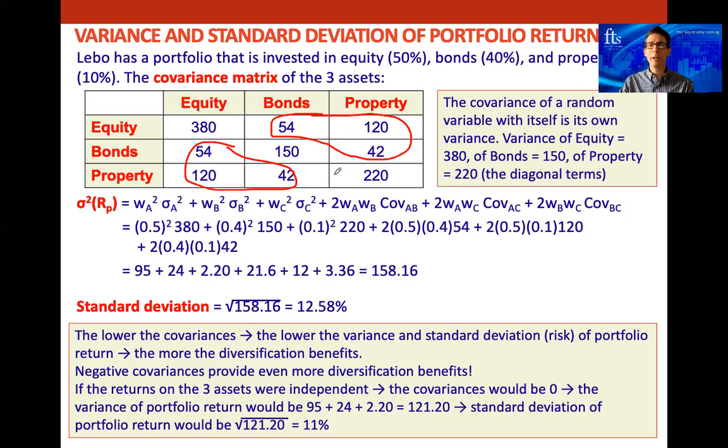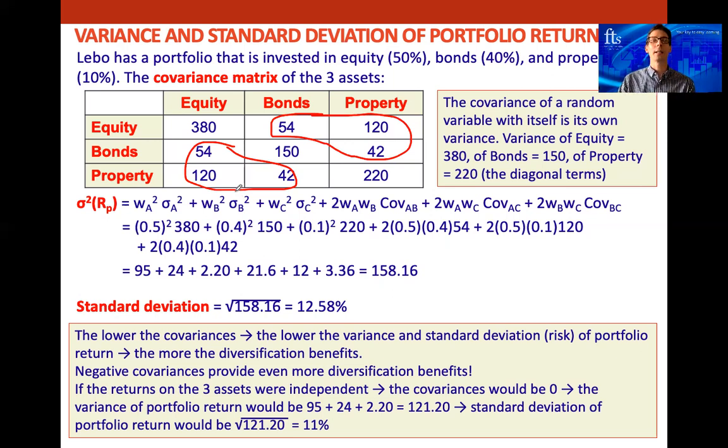So we've got 6 covariances, 3 there and 3 there. But only 3 of the 6 covariances are what they call distinct or unique. So although we've got 9 numbers here in the table, we've only got 3 distinct or unique covariances.